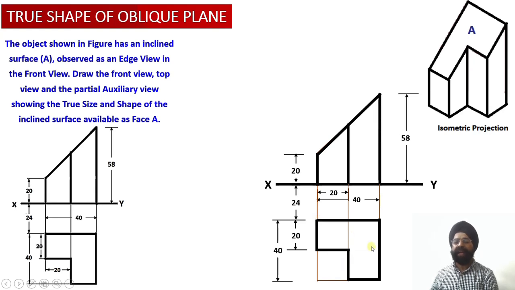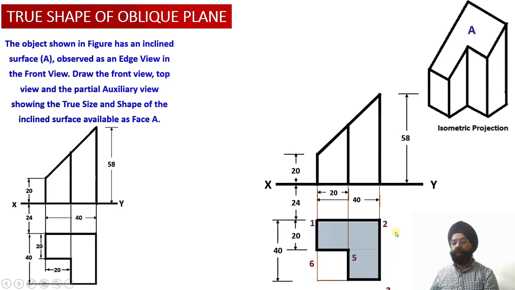Now let us mark the different points of this particular cut section. So we have shaded the cut section corresponding to which the true shape needs to be obtained. This is the section surface which has been shown over here.